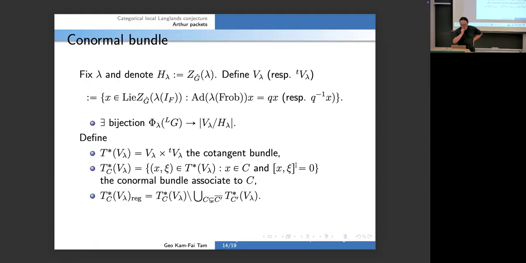So here, implicitly, I identify these two pieces by this symmetric form, the Killing form. You can also look at the regular piece of this conormal bundle. These orbits form a stratification, and you just get rid of those which are on the boundary. So you get the regular piece corresponding to this C.